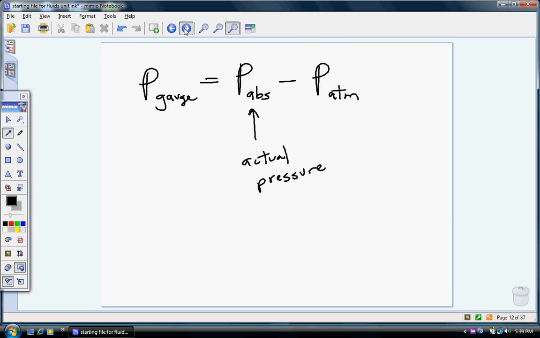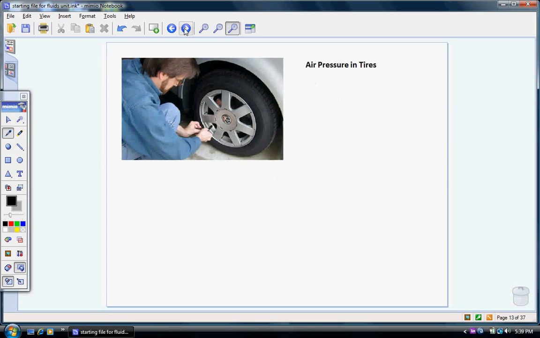Let's look at an example. Air pressure in tires. Normally, when you go to check the air pressure in tires, the gauge will tell you that the pressure is 32 pounds per square inch, 32 psi.